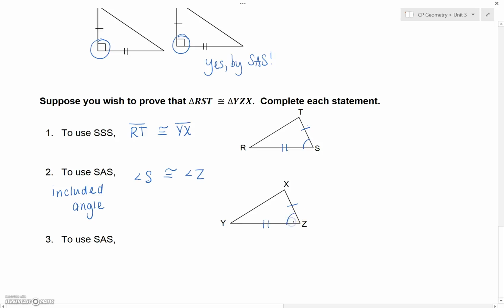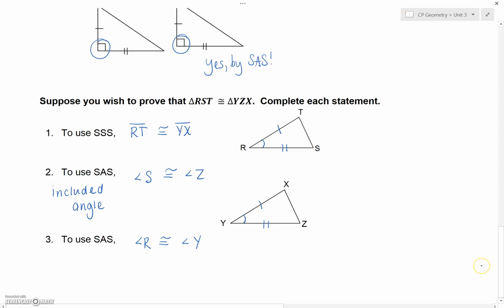And I could mark that. Say, for example, maybe I changed my mind and I decided that I wanted to go with TR and XY to show another example to use SAS. Then I would need to be using angle R and angle Y. So this would be a second example of using SAS, but I would just need a different pair of angles to use side, angle, side.